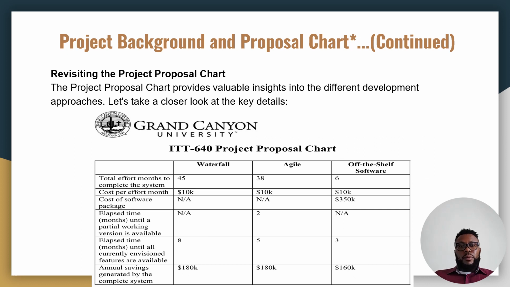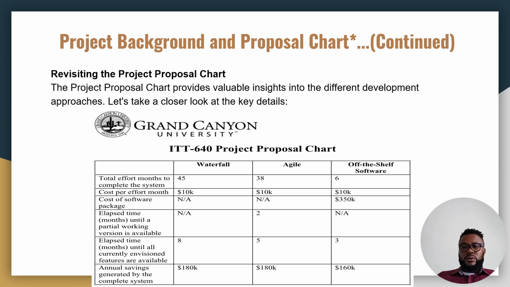The next part we're looking at is the project background and proposal chart, revising your project proposal chart. The project proposal chart provides valuable insight into the different development approaches that can be considered when you're selecting the best approach that is going to align to your need.